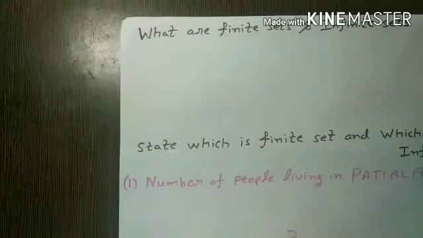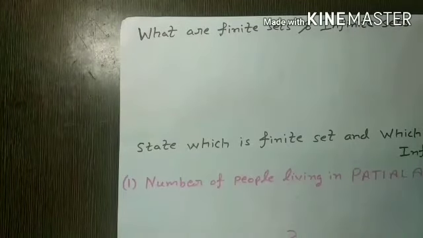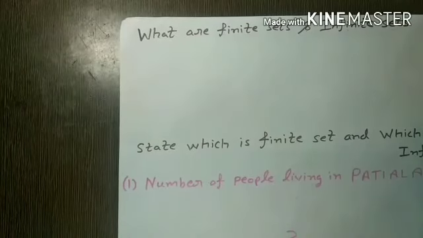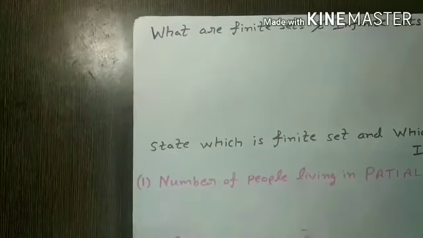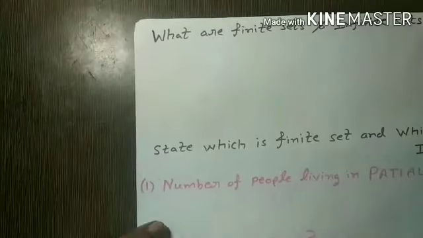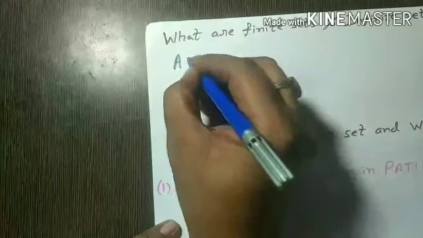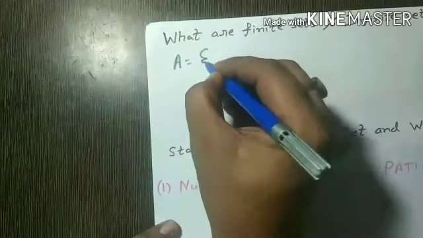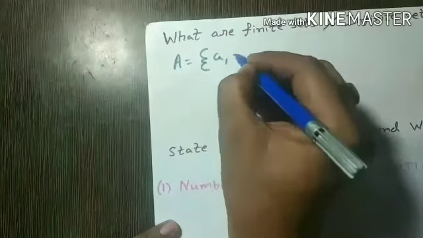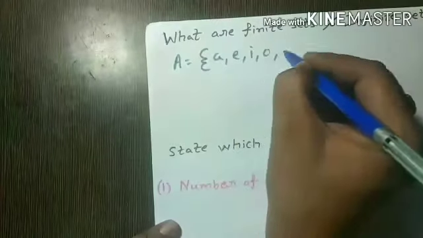If I take the example of vowels, this is a countable set. If I take the example of consonants, this is also a countable set. So this is the set A and its members are A, E, I, O, U.